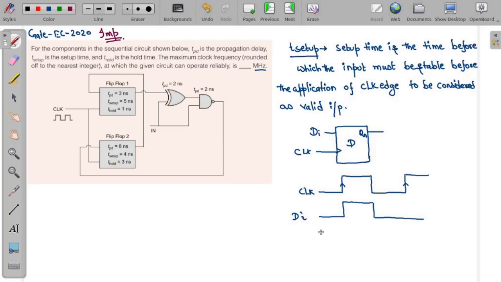Now my output when the setup time is 0, how should it be? Okay, first let me explain you what is setup time.